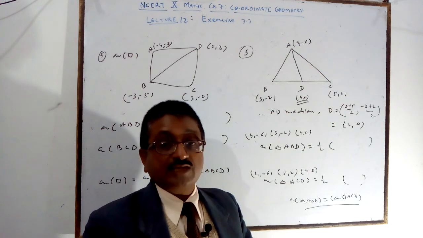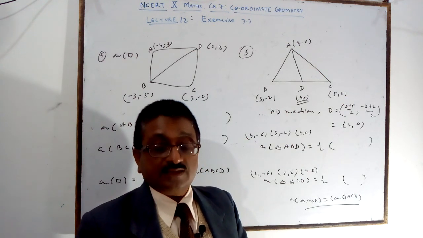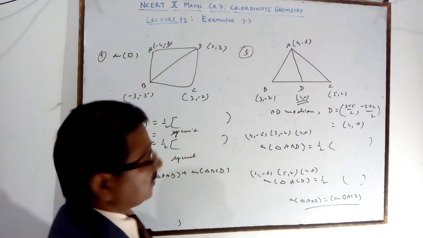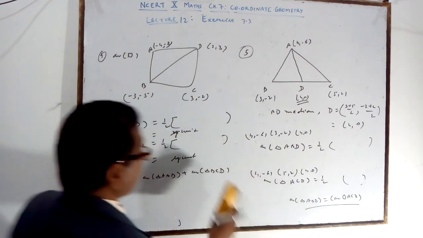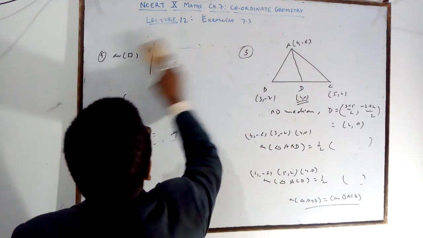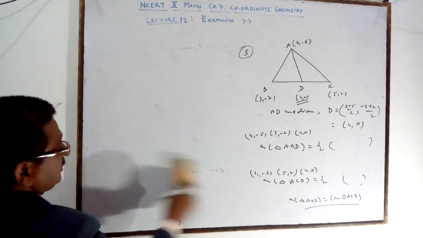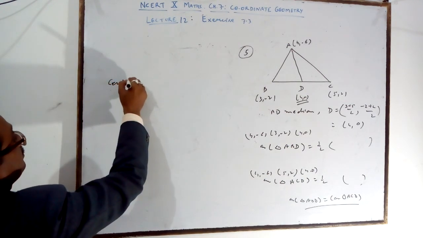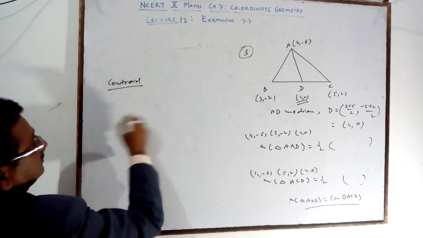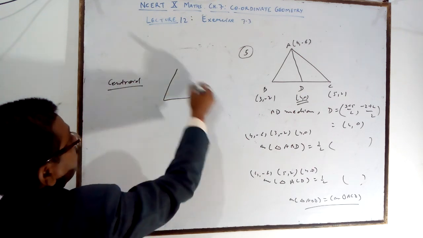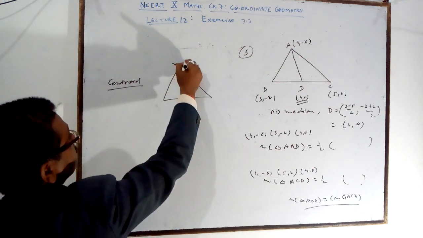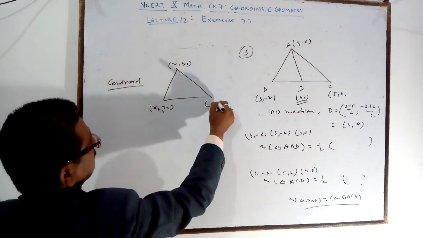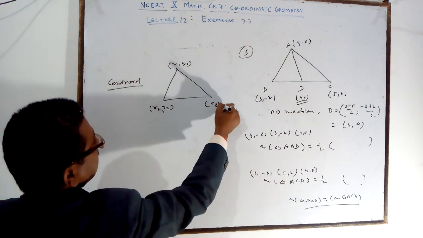Here you will get one more formula, the centroid of the triangle. In exercise 7.4 you will get a very important formula, the centroid of any triangle. The centroid is the intersecting point of the medians of a triangle with vertices (x1, y1), (x2, y2), (x3, y3).